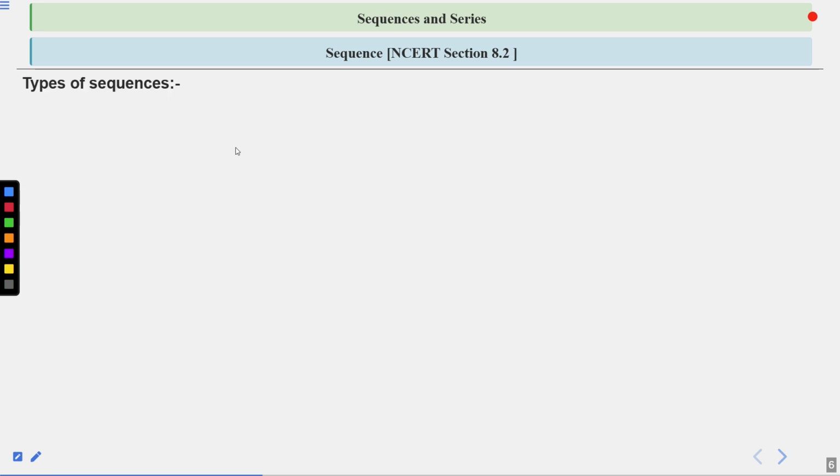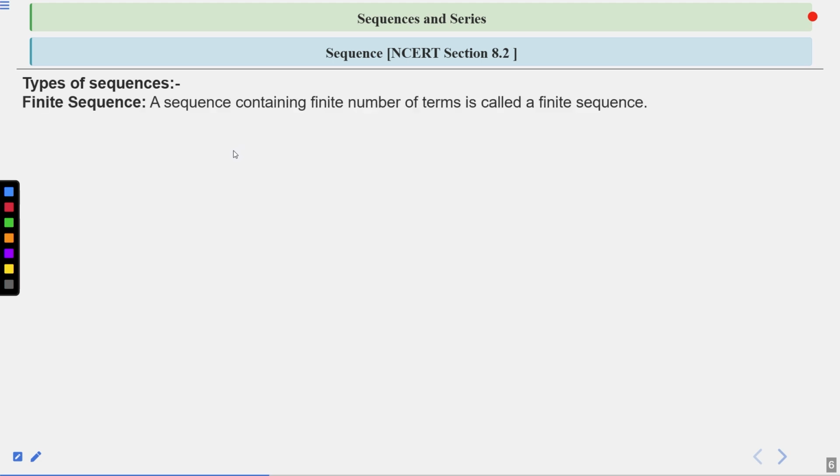Now, we are going to see types of sequences. So first is the finite sequence, meaning, as the name suggests, finite. When do we say something is finite? When we have a real finite number to express the quantity.